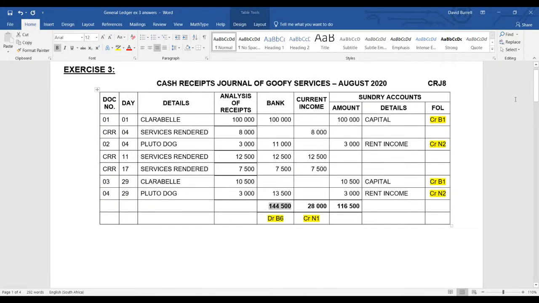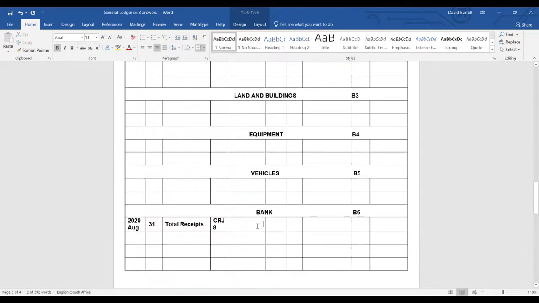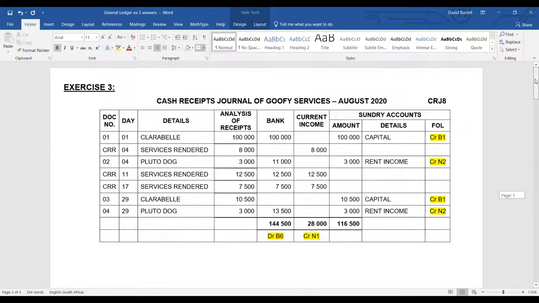There it is, 144,500. So let's go and put it in there. It'll be 144,500 Rand. So we've got that debit over there in the bank account. Okay, then if we go to our current income column, the total there was 28,000, and that's a credit to N1.